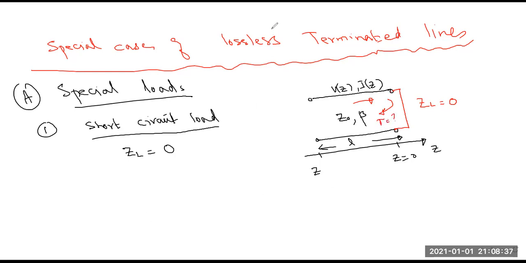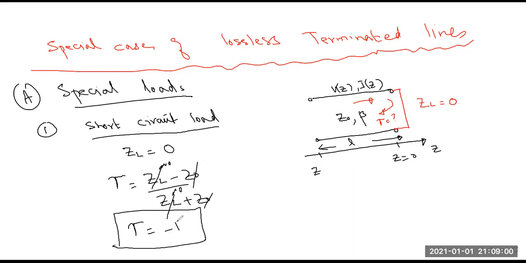We already derived that reflection coefficient at load position is simply (ZL minus Z0) over (ZL plus Z0). Now ZL is equal to 0, and then Z0 with Z0 will cancel out. So reflection coefficient becomes equal to -1.